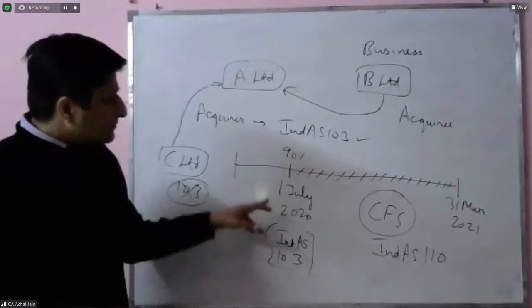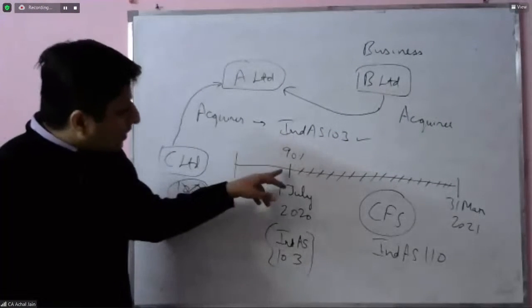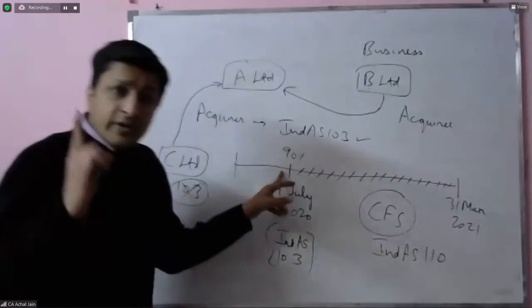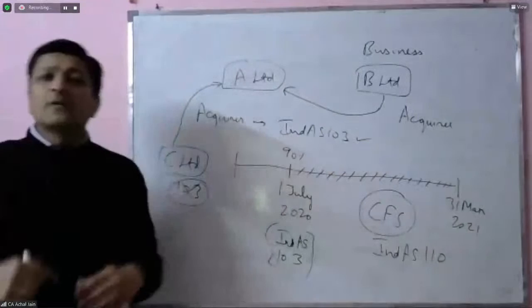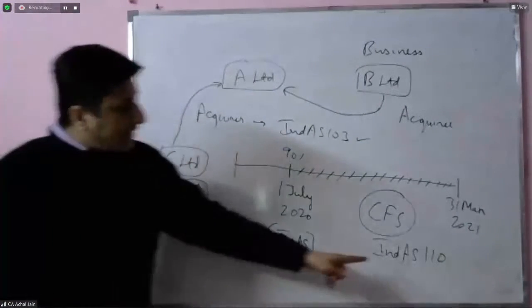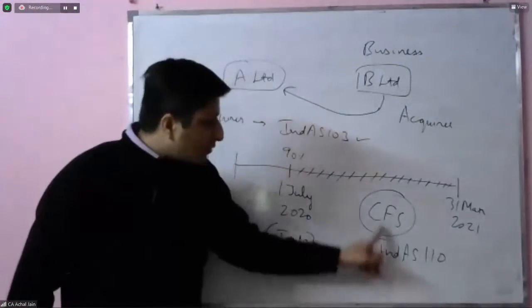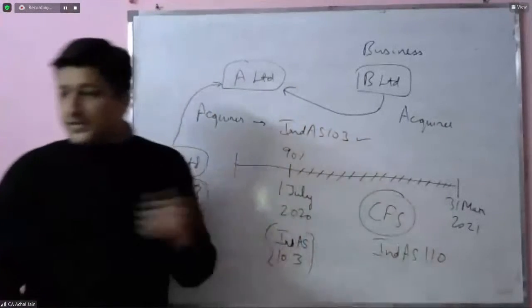Okay, clear? So Ind AS 103 is only for a particular day, and after that, which standard will take over from Ind AS 103? Ind AS 110, which is about consolidated financial statements.